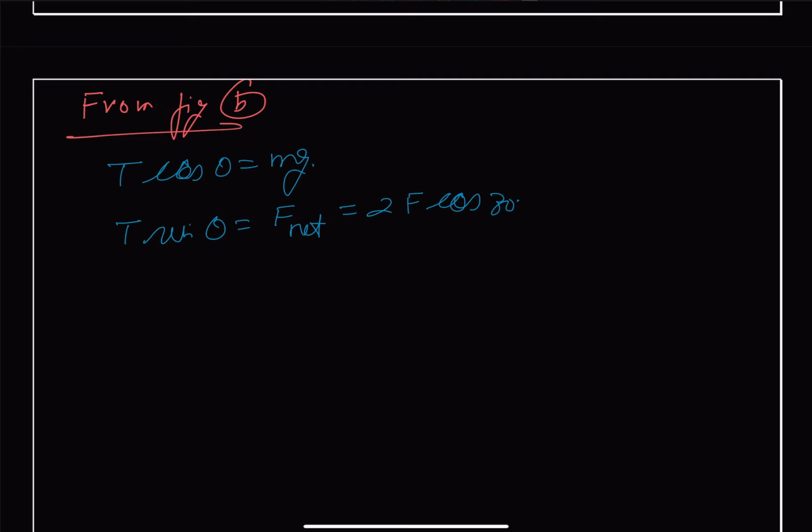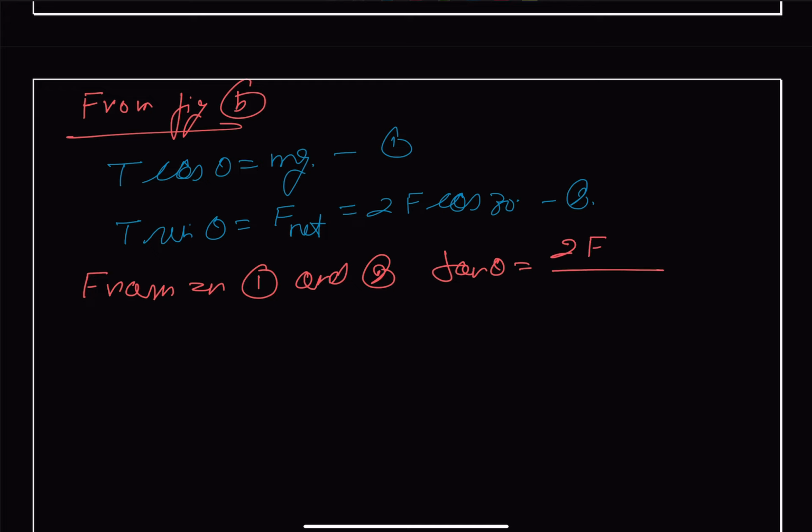And if we divide these two equations, let us call them equation 1 and equation 2, from equation 1 and 2 we can write our tangent of theta will be equal to 2F cos of 30 divided by mg.